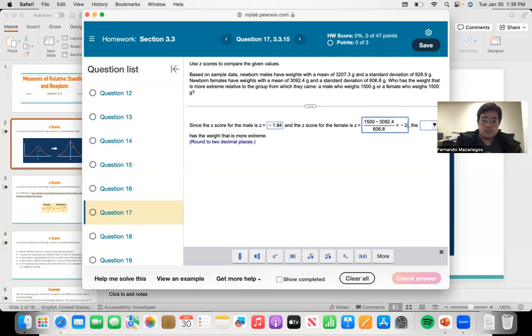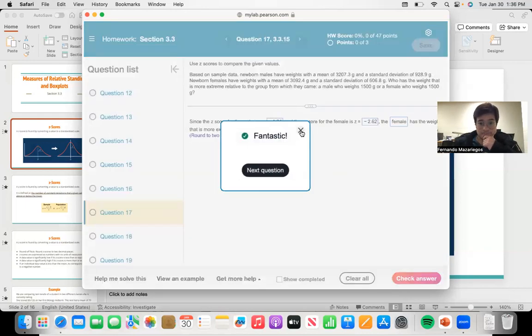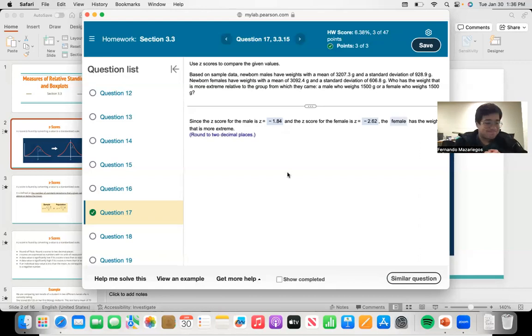We get -2.62. And notice the z-score that is farthest away from 0 is the one for the female. So that is the one that is more extreme relative to the group. So the female has the weight that is more extreme. Okay, I hope this is clear.